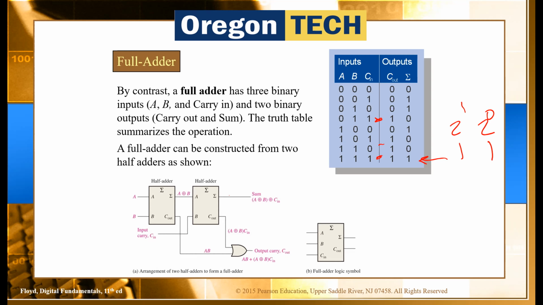The summation will be, as we know, for a half adder, this input exclusive OR with this input, as we can see here. A exclusive OR B, and then exclusive OR C in.